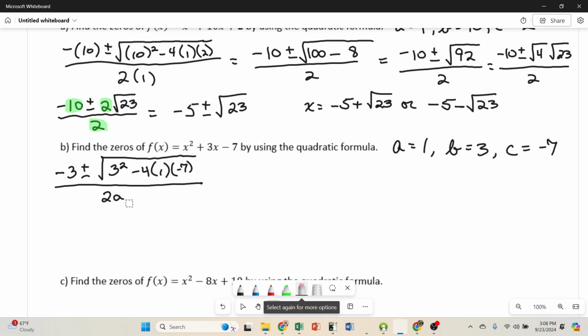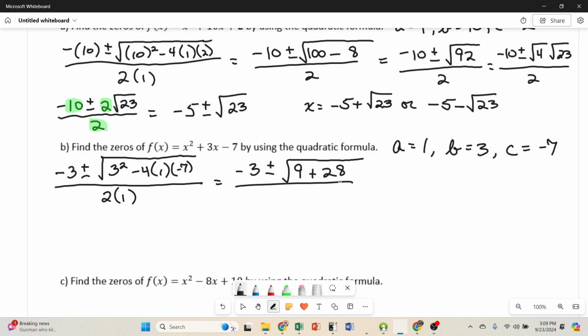Why did I write a? I don't know why. 2 times 1. So I've got negative 3 plus or minus the square root of 9 minus 4 times 1 is 4 times negative 7 is negative 28. So this is going to be 9 plus 28 over 2.